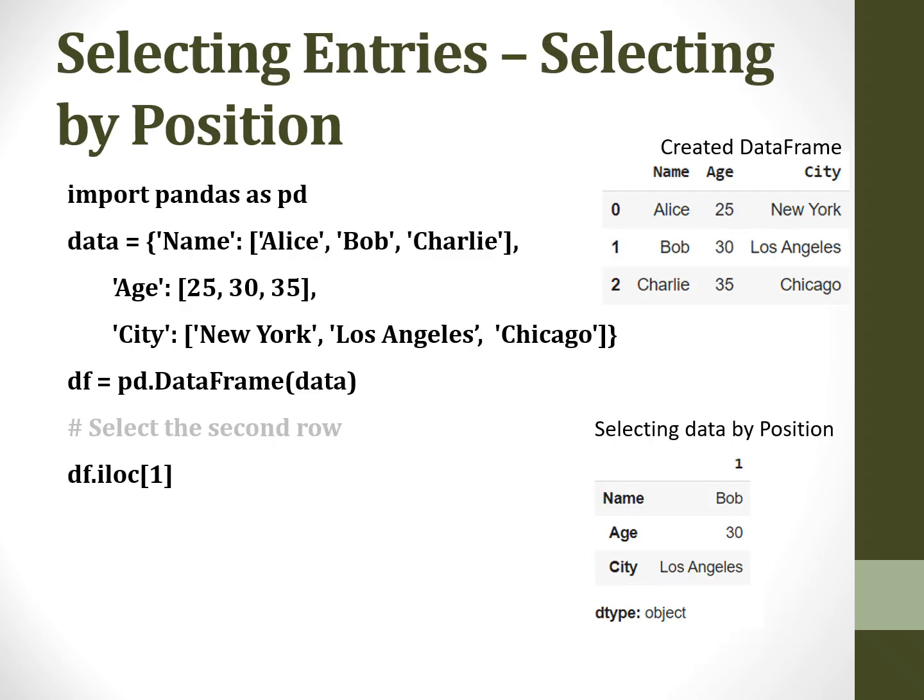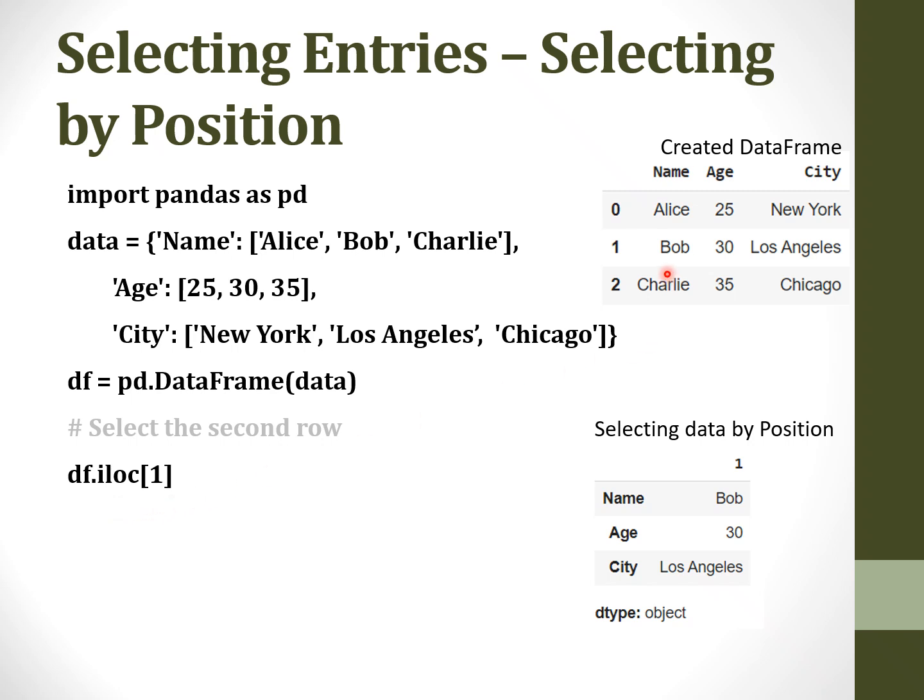Next one is selecting the entries by means of a position. See here, names are given, age values are given, and city values are given. We are creating a data frame with that. Suppose I want to select and display a particular value, the location corresponding to index value 1.